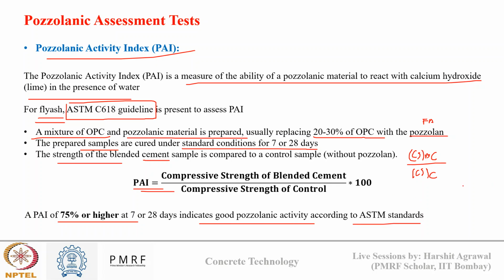Okay, so suppose without using SCM, I was getting a strength of 20 MPa, and with using SCMs, I am getting a strength of 35 MPa. So, what is my increment? 15 MPa increment. So, my PAI will be 35 upon 20 multiplied by 100. Okay, so this will be my PAI value. So it will define how much strength I have got compared to the control.